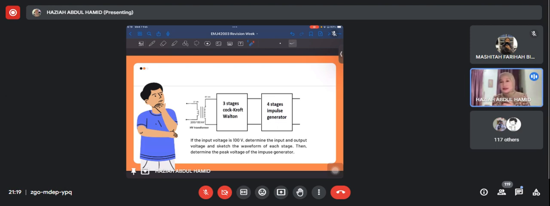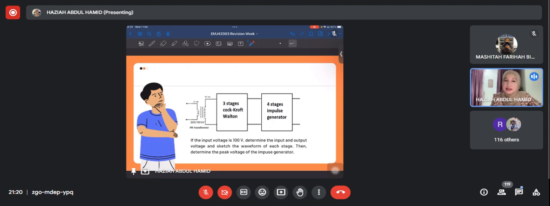Kan kita belajar AC, DC, impulse. Saya boleh combine tiga-tiga tu. So macam ni lah contoh dia. Saya combine ni AC, Cockcroft-Walton apa? AC ke DC ke impulse? DC.